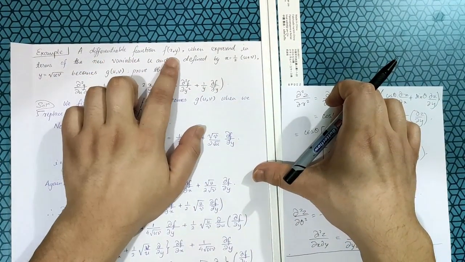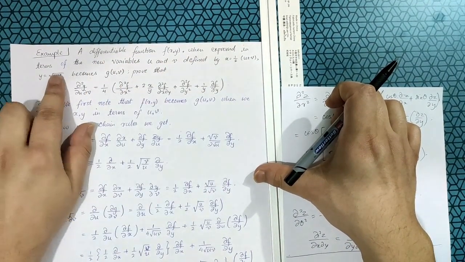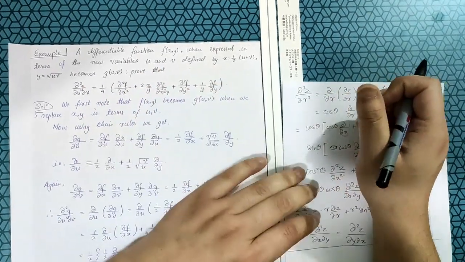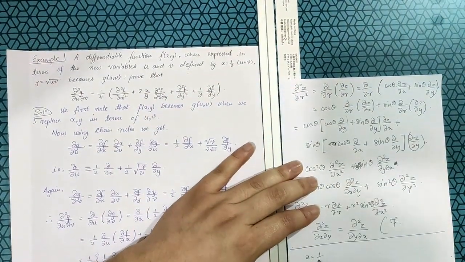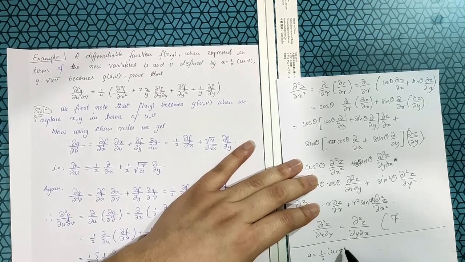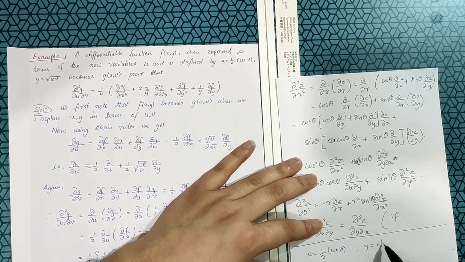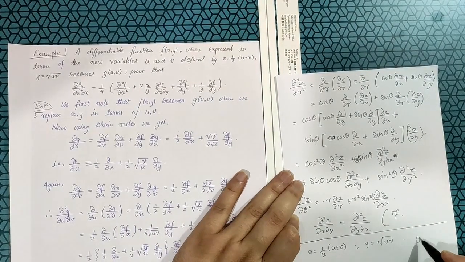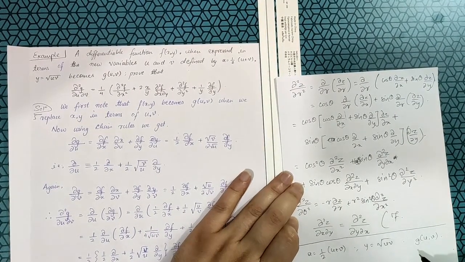A differentiable function f(x,y) when expressed in terms of new variables u and v defined by x equals 1/2 (u+v) and y equals √(uv) becomes g(u,v).